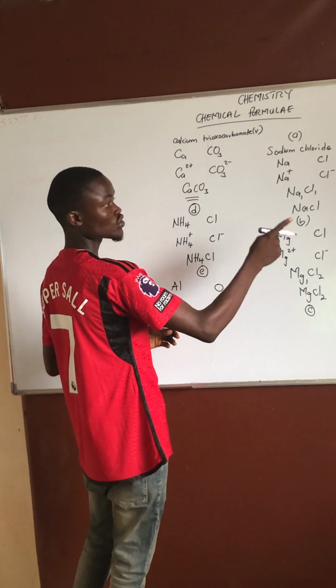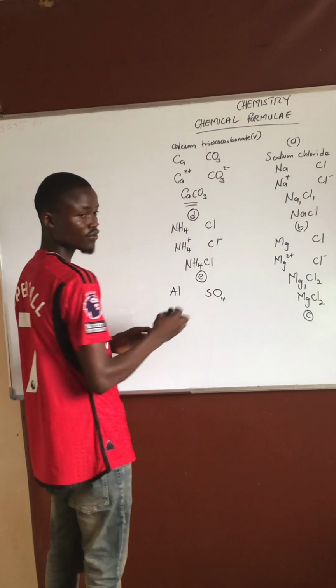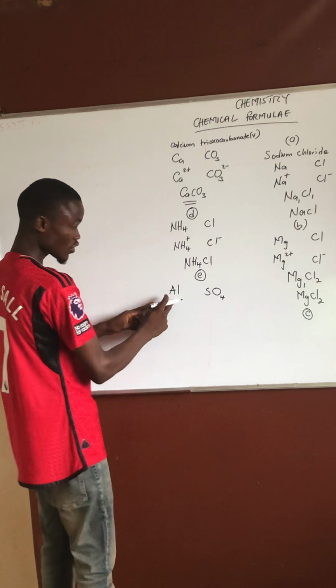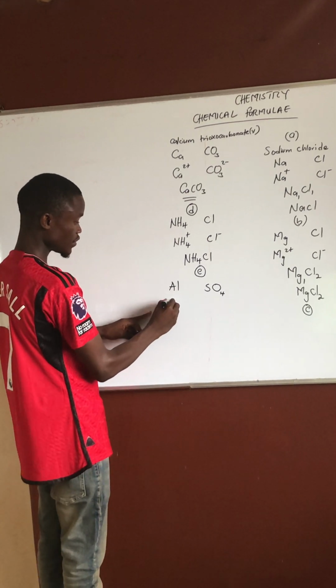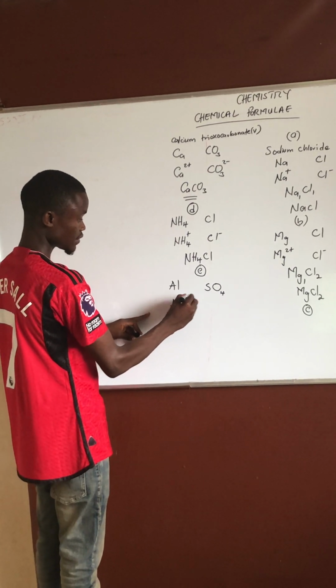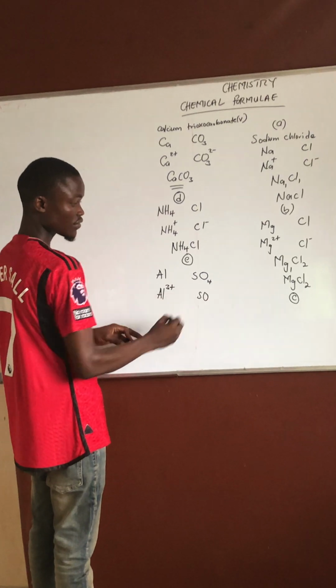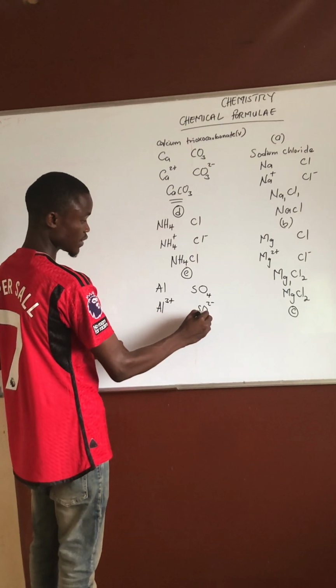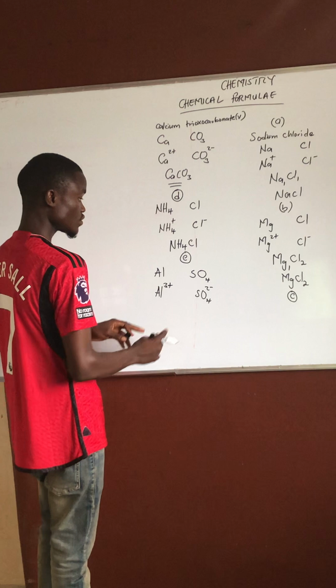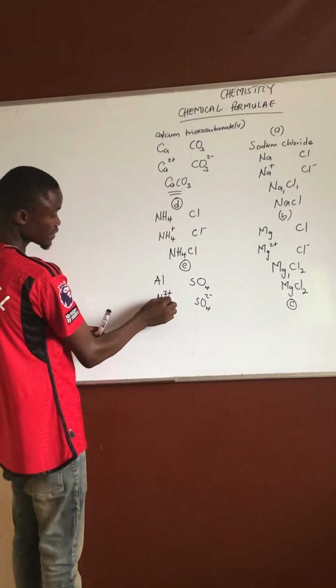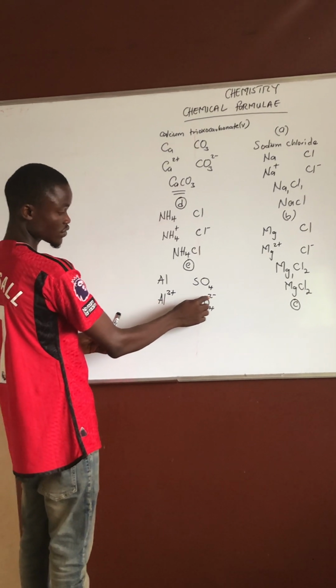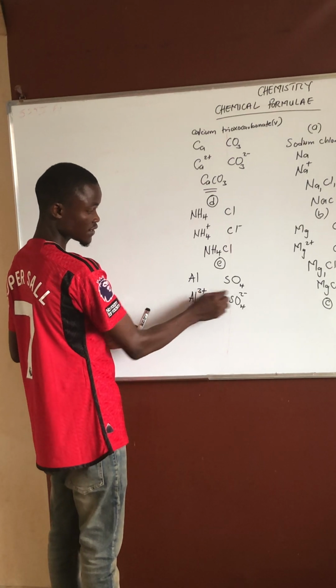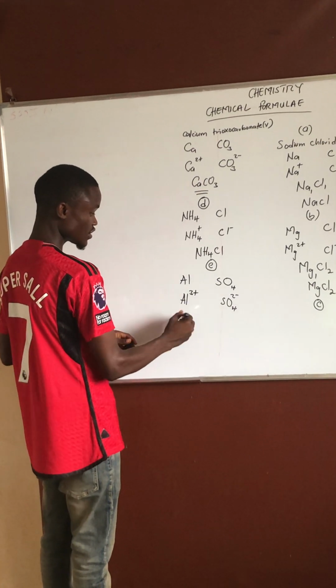So they are talking about sulfate from sulfur. The oxidation number for aluminium is Al3+, while for this SO4, it has 2-. So in this case, this has +3, while this has -2. So the oxidation states are different. So you interchange them.